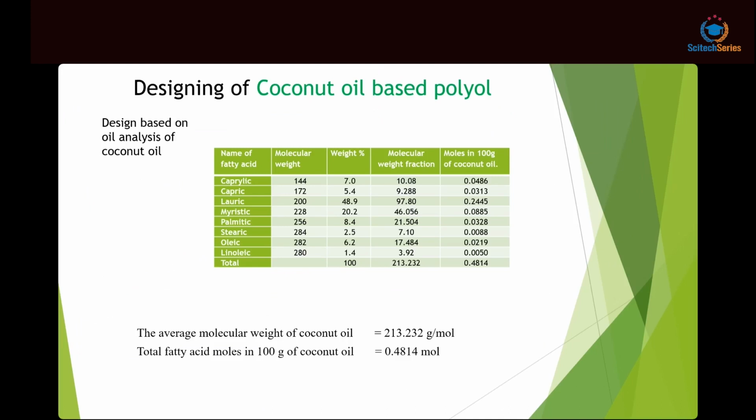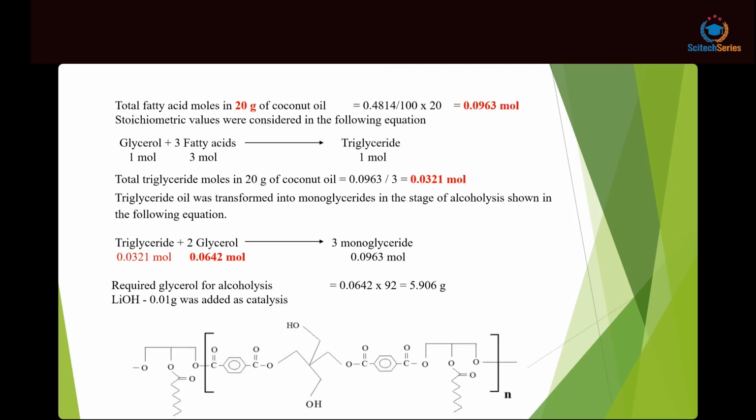Total fatty acid moles in 100 grams of coconut oil is 0.4814 moles. Right, now in my bio-based polymer, I have used 20 grams of coconut oil for this modification. So 20 grams means 0.0963 moles of fatty acids available in that 20 grams of coconut oil.